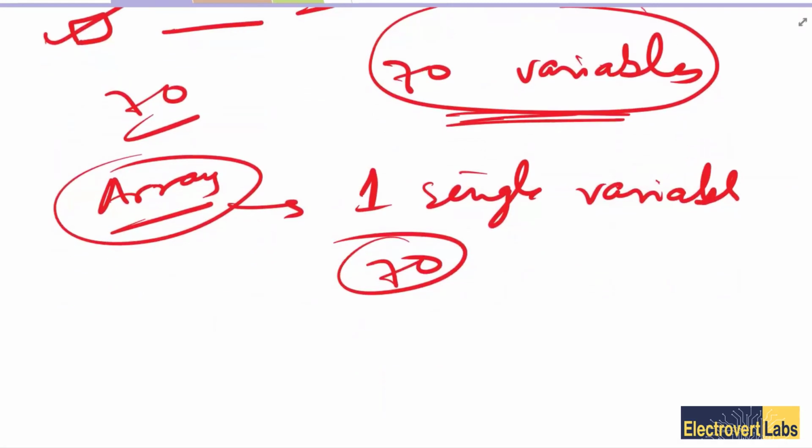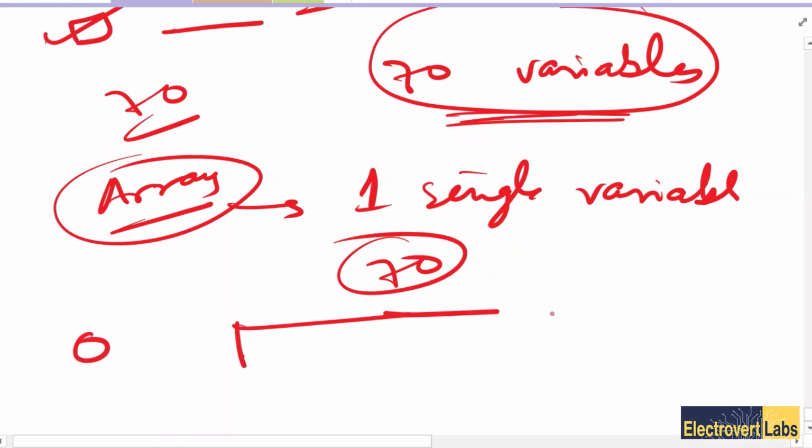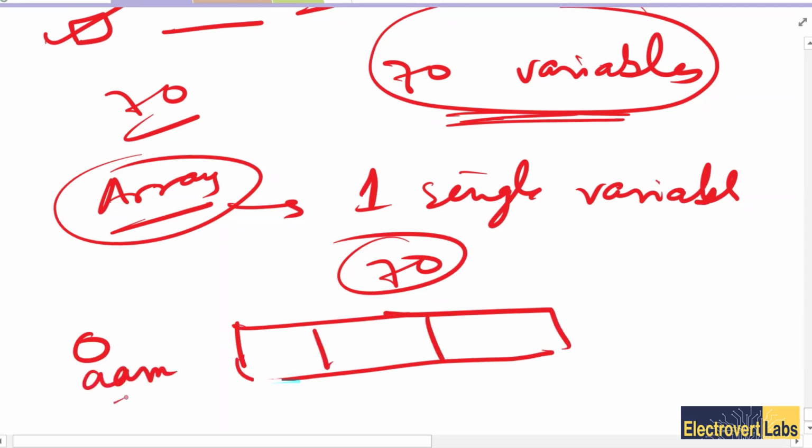There is an index number which tells us which block we are referring to, and that index number always starts from 0. For example, if you are creating an array of 3 blocks, and the name of this array is arm, this is the first index number, which is 0 in computer language. This is index number 1 and this is index number 2.